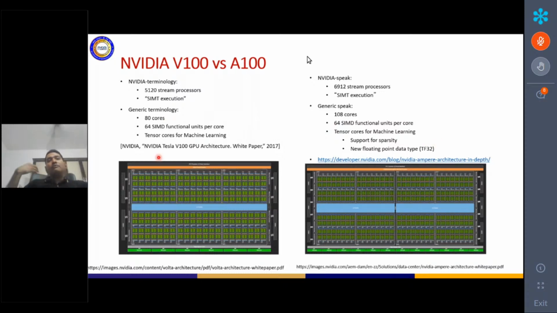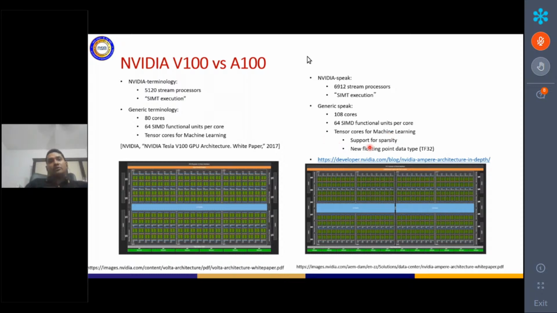Now, from the point of view of precision, you can see that this series of GPUs has tensor cores. Okay? So tensor cores for machine learning are available in your Volta series, NVIDIA V100, as well as your Ampere series, but the latter has a new floating point data type, TF32. That gives a bit more flexibility in terms of model training or benchmark training that we'll be discussing in the coming classes.